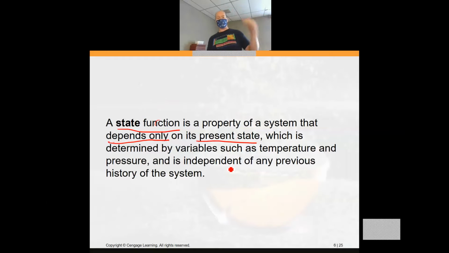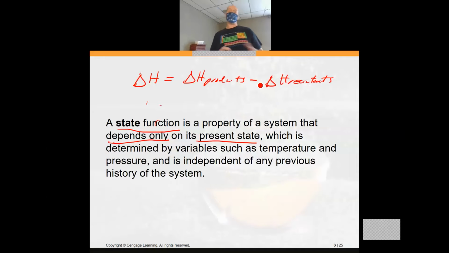So you will know a state function because it's going to have a delta in front of it. So delta H is going to be the delta H products minus delta H reactants. So it's the products minus reactants. It is final minus initial.